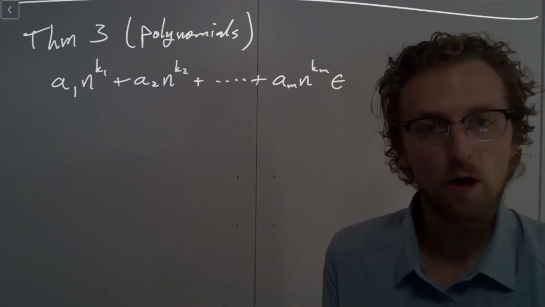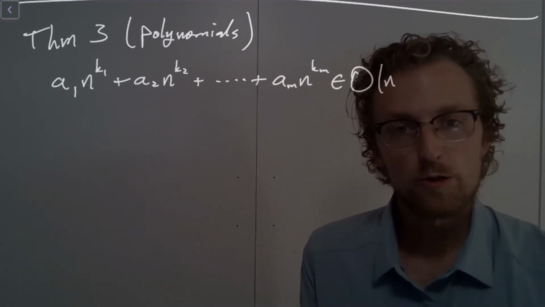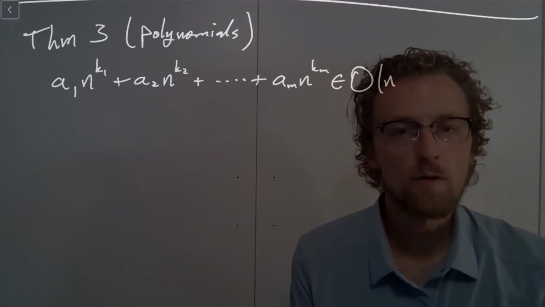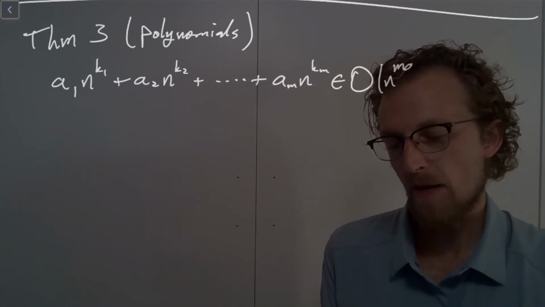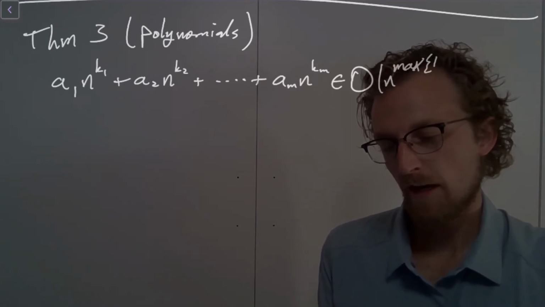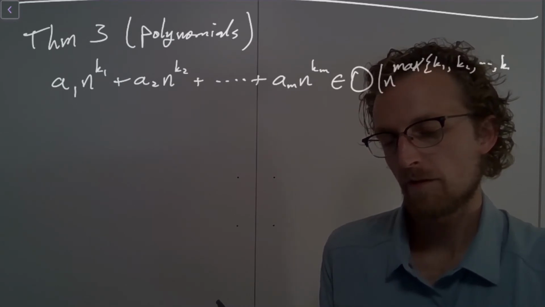This is a little bit awkward, but it's big O of n to the power of max of k1, k2, ... km.